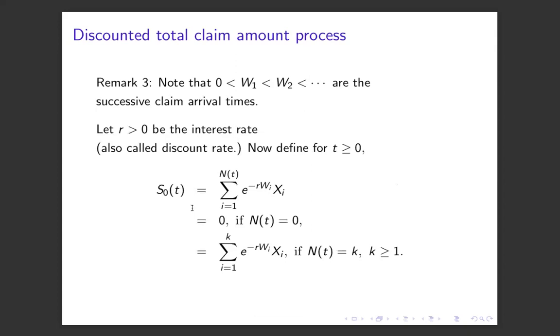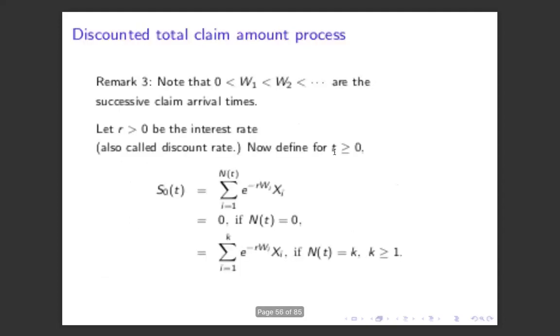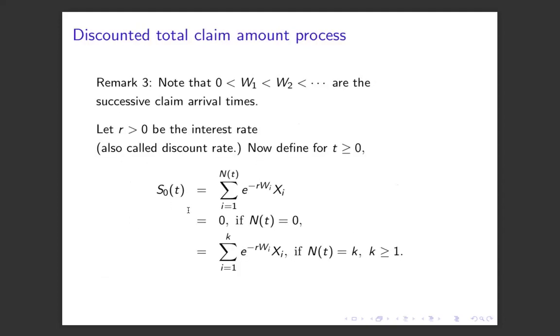It is related to your S_t. This S_0t is the sum over i going from 1 to N_t of e to the power minus R times W_i, where W_i is the time at which the ith claim comes, times X_i.